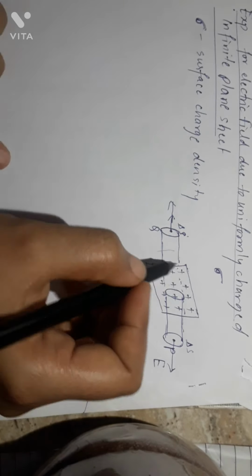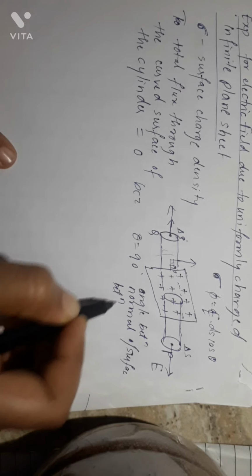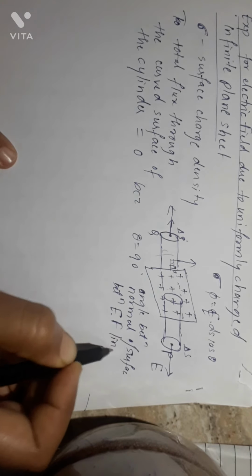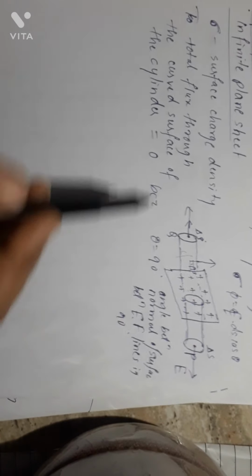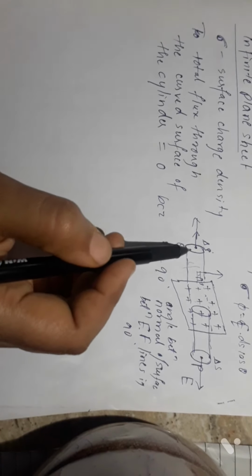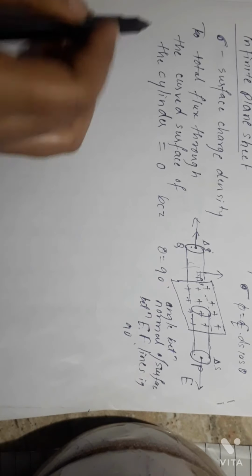Because theta is equal to 90 degrees, the angle between the normal of the surface and the electric field lines is 90 degrees. So cos 90 degrees will be 0, hence the flux through the curved surface of this cylinder will be 0. Next we only have to calculate the flux through this surface and this surface.